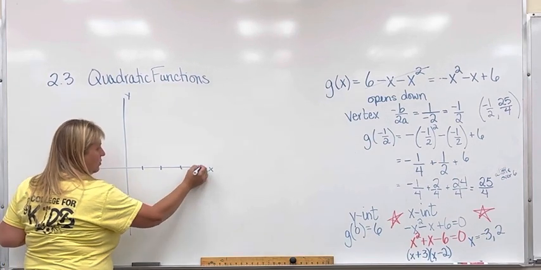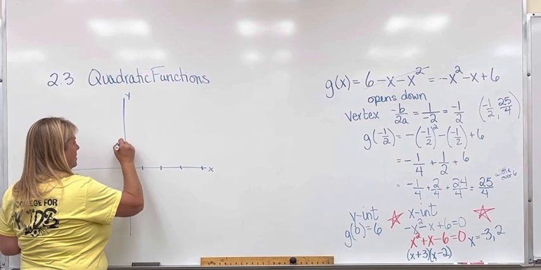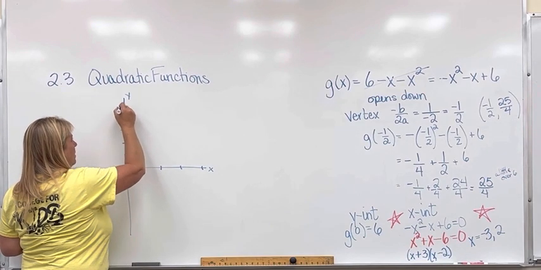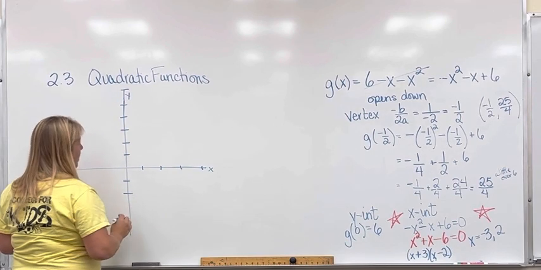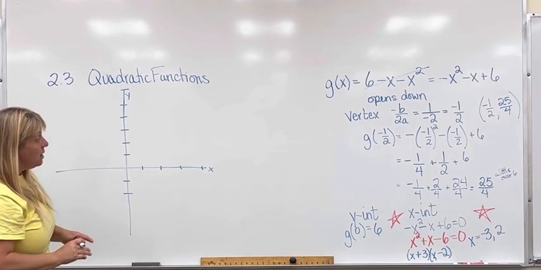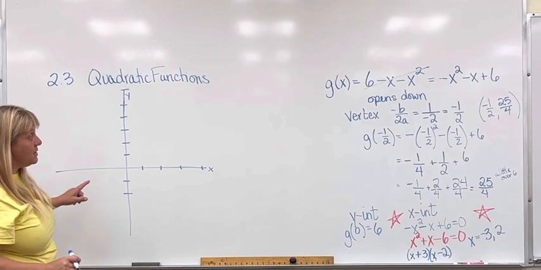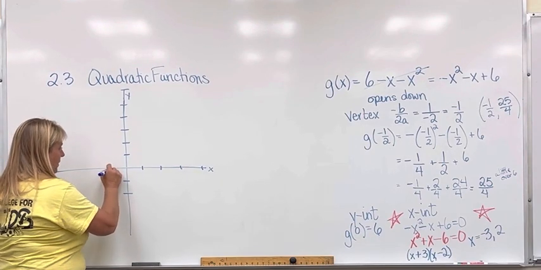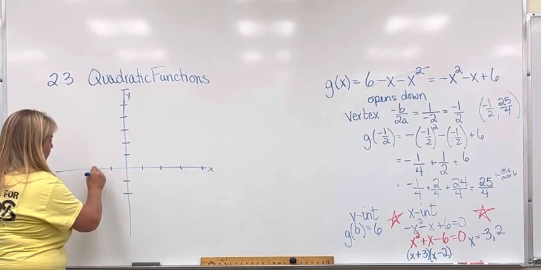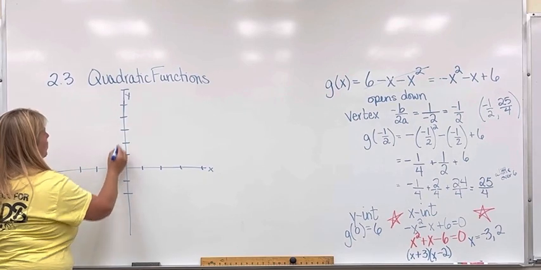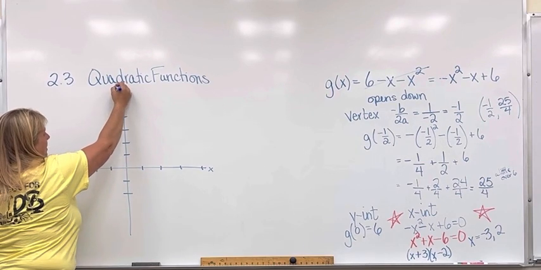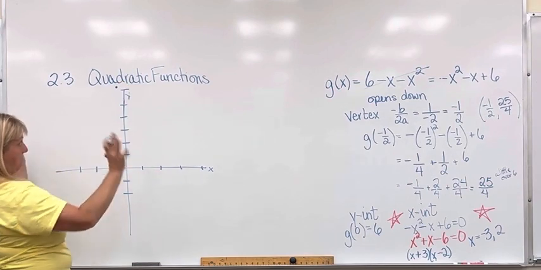Actually, let's go a couple more, there we go. Up to 6, 1, 2, 3, 4, 5, 6, do a couple more. Okay. So our vertex was -1/2, so I guess we're going this direction as well. So -1/2, right there. And then a little bit more than 6. So can we agree on that? Okay.